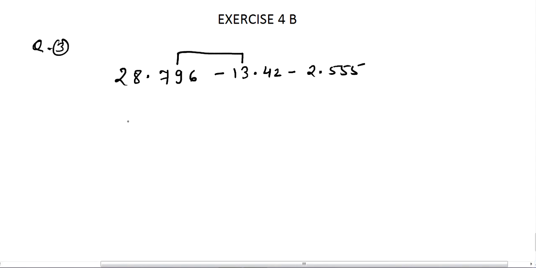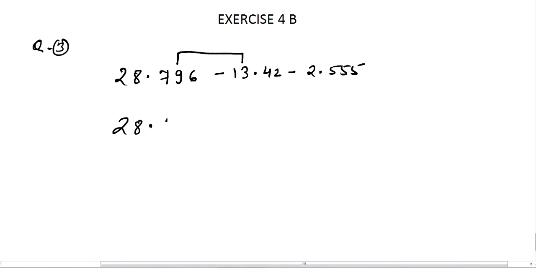Question number 3. Simplify. First question is 28.796 minus 13.42 minus 2.555. Now in this question we have to subtract, simplify. So first we should simplify these two values. Clear?